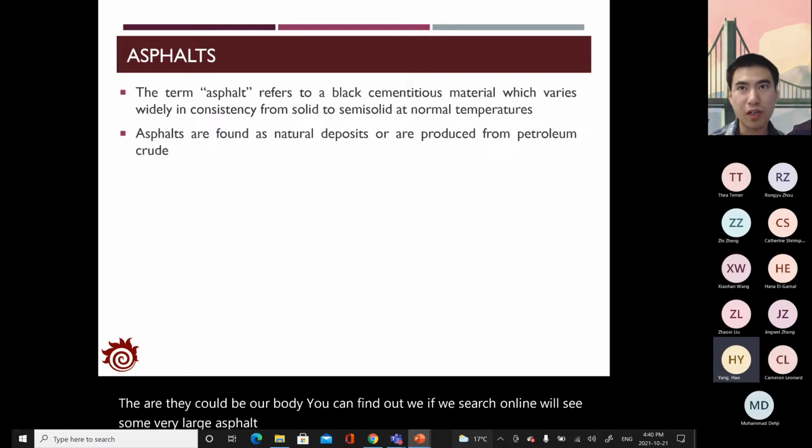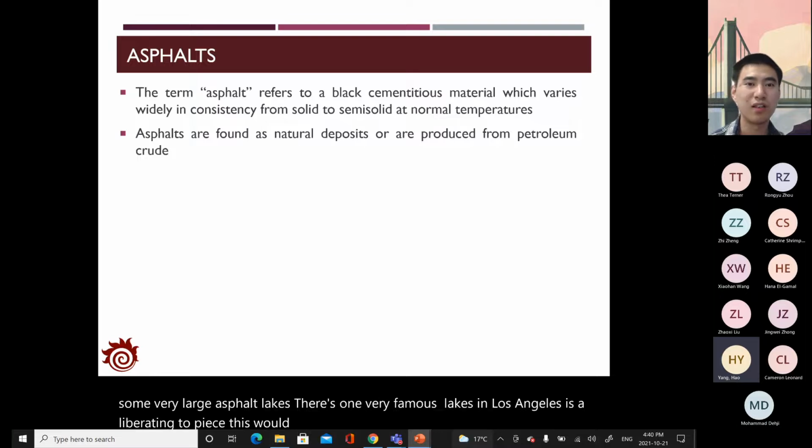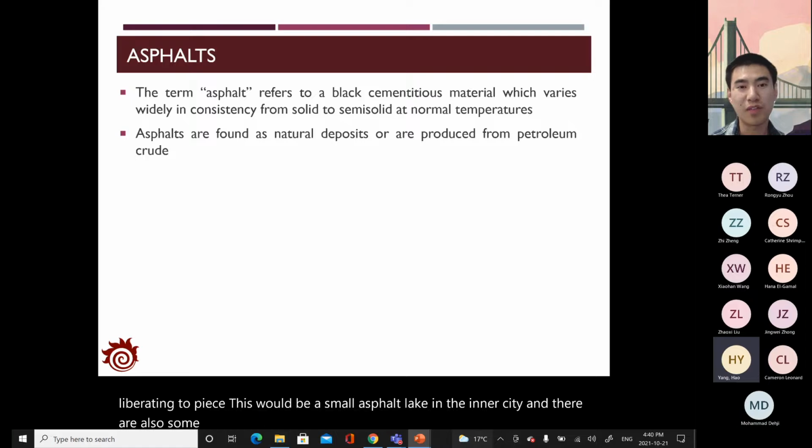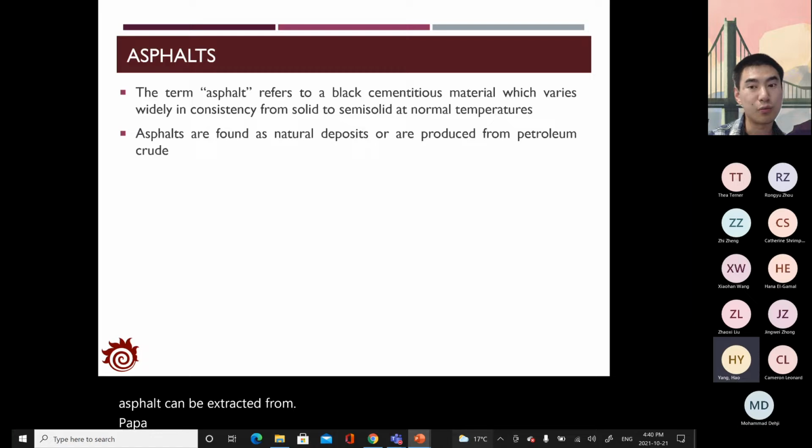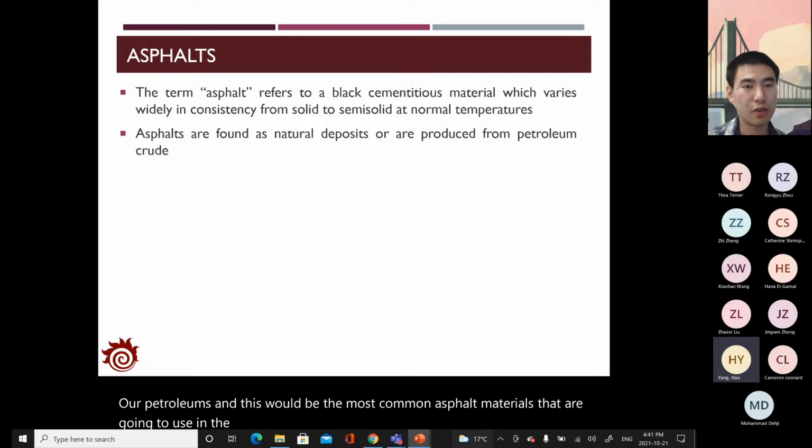There's one very famous asphalt lake in Los Angeles, La Brea Tar Pits. This would be a small asphalt lake in the city, and there are also some other very large asphalt lakes in the Caribbean area. And also the asphalt can be extracted from the petroleums. This would be the most common asphalt material that we're going to use in the current pavement design.